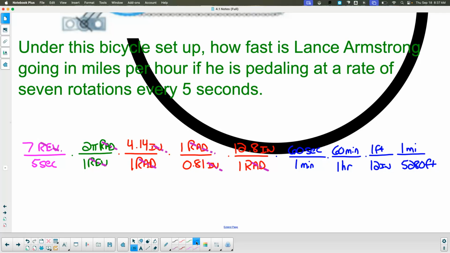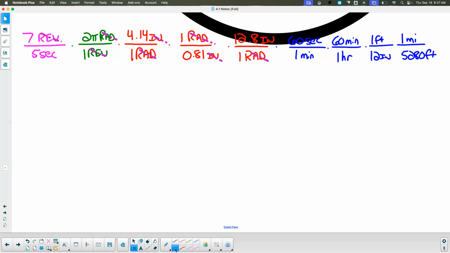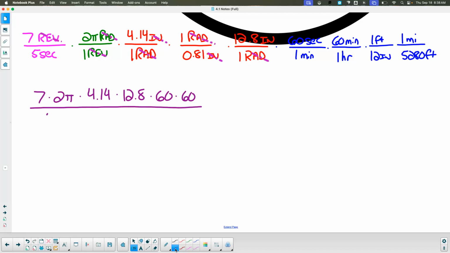On top, I get 7 times 2 pi times 4.14 times 12.8 times 60 times 60. On the bottom, I get 5 times 0.81 times 12 times 5,280. Agree with me on that?